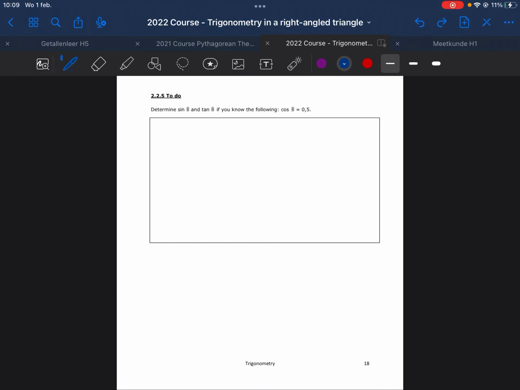And by these two relations, I mean these ones. So the sine of B over the cosine of B should be the tangent of B. Oops. The tangent of B. And then, well, the square of the sine of B plus the square of the cosine of B should equal 1.